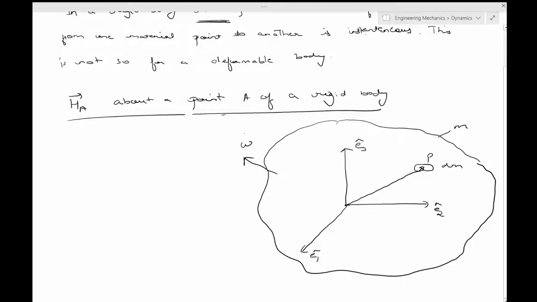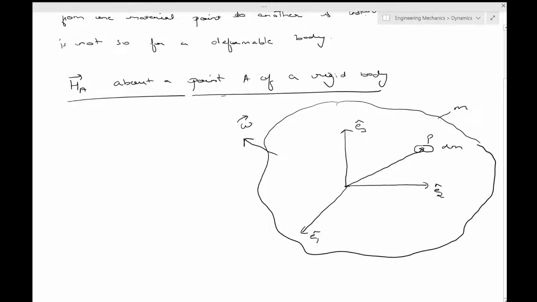Since we have to deal with Euler's axioms, many of the things will be in terms of the inertial frame, and we'll perhaps specify it as and when it comes out. As of now you have this point A, that point about which we have to find the moment of momentum of this rigid body. Okay, and we have drawn E1, E2, E3 axes on it.